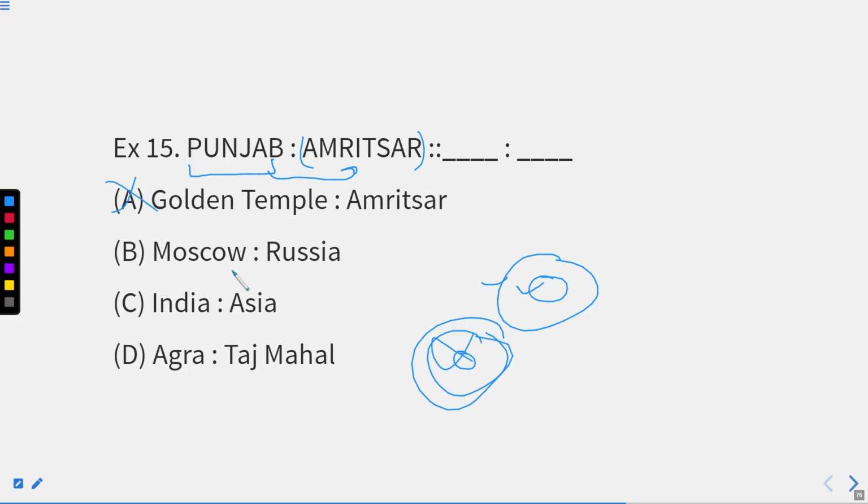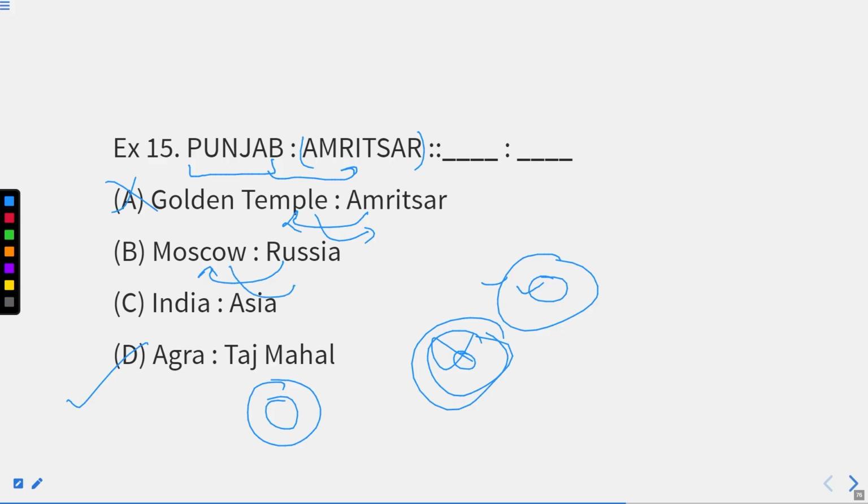Same, Moscow is in Russia. I do understand that Moscow is in Russia, but we need it in reverse order. Similarly, India, Asia. No, it will be Asia and India. Agra and Taj Mahal. Yes, this is Agra, this is Taj Mahal. So option D will be your answer. You need to check if this statement is written like this, it will be right.